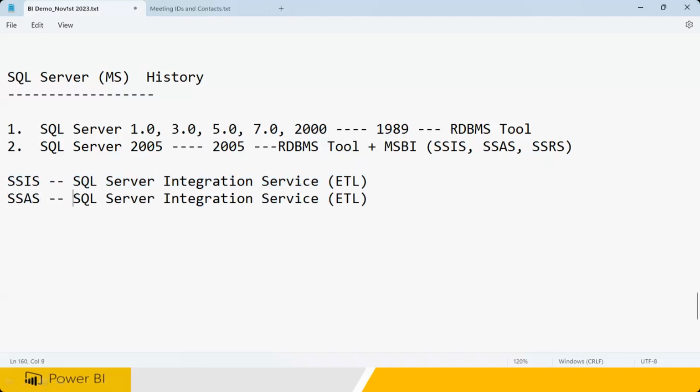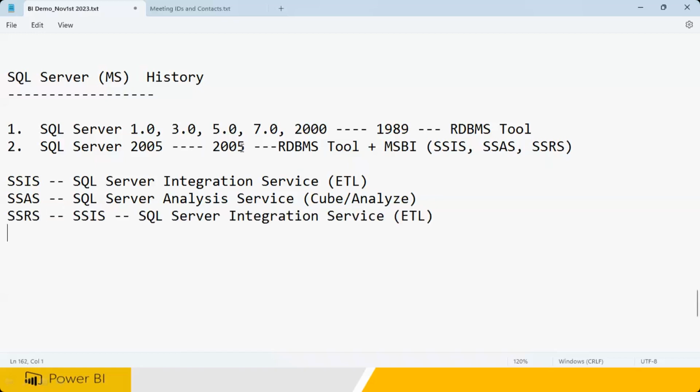This is what is called SQL Server Analysis Services. What is analysis? You will understand very neatly in tomorrow's class. We are going to actually create a cube and analyze the data with these tools. I will talk about it tomorrow. SSRS, RS means a reporting tool. Reporting means creating a lot of visualizations and so on.